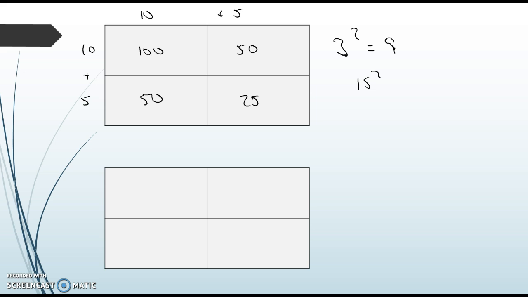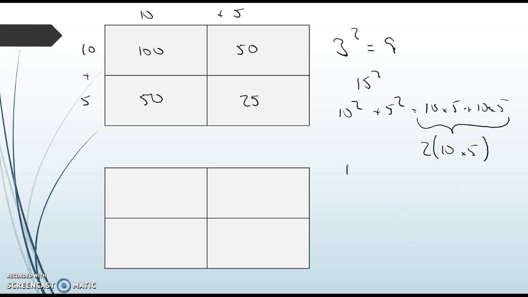So here, out of 10 plus 5 times 10 plus 5, or 15 squared, we have 10 squared plus 5 squared, but we also have 10 times 5 plus 10 times 5. So here we actually have two lots of 10 times 5. So in this, we actually have 100 plus 2 lots of 50 plus 25.